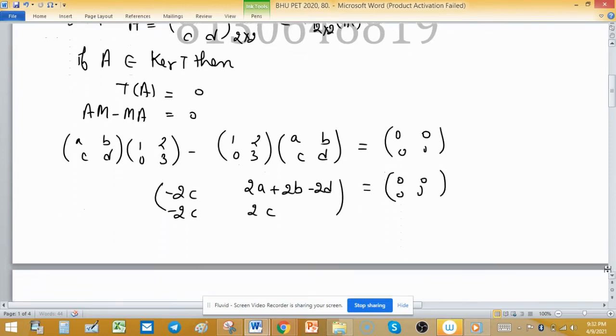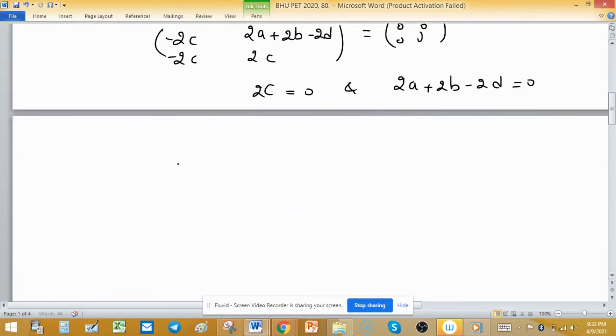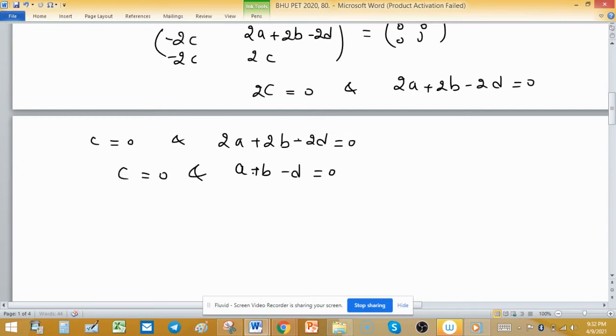It means that 2c is equal to 0 and 2a plus 2b minus 2d is equal to 0, by comparison of two matrices when they have the same type and same size. This implies that c equals 0 and 2a plus 2b minus 2d equals 0. This means that a plus b minus d is 0. c is 0 and this condition.